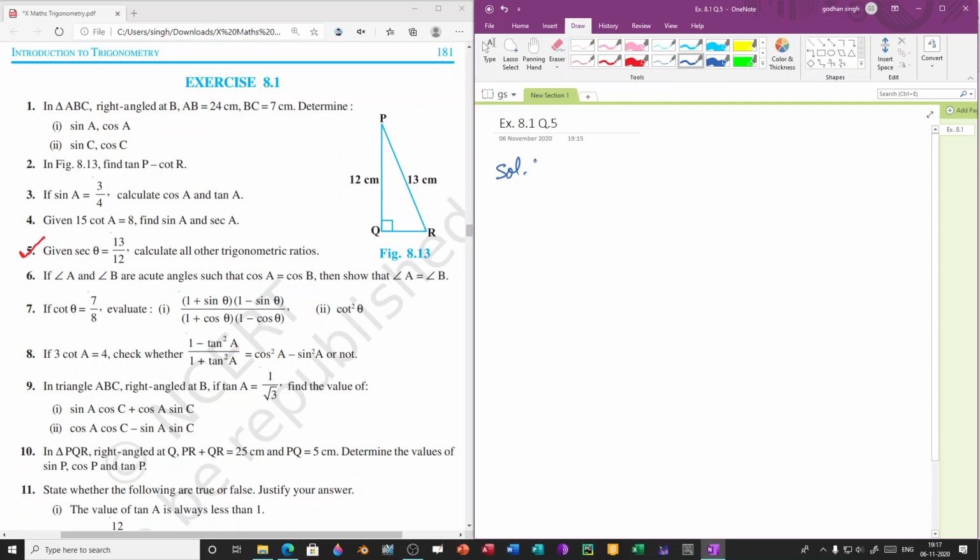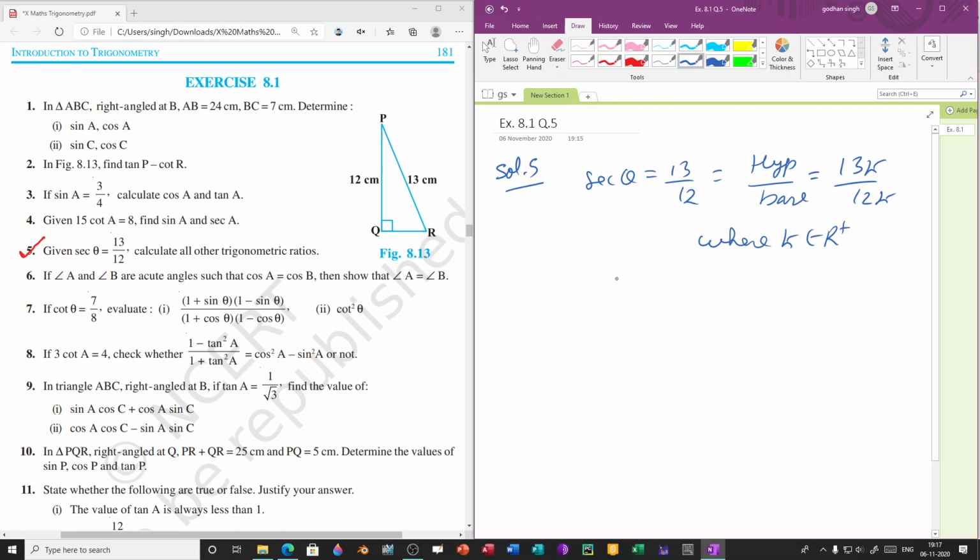Solution 5. Sec theta equal to 13 by 12, and sec is defined as hypotenuse over base. So this is hypotenuse and this is base, and already we have discussed that whenever a ratio is given, we will be taking it as 13K over 12K, where K belongs to R plus.